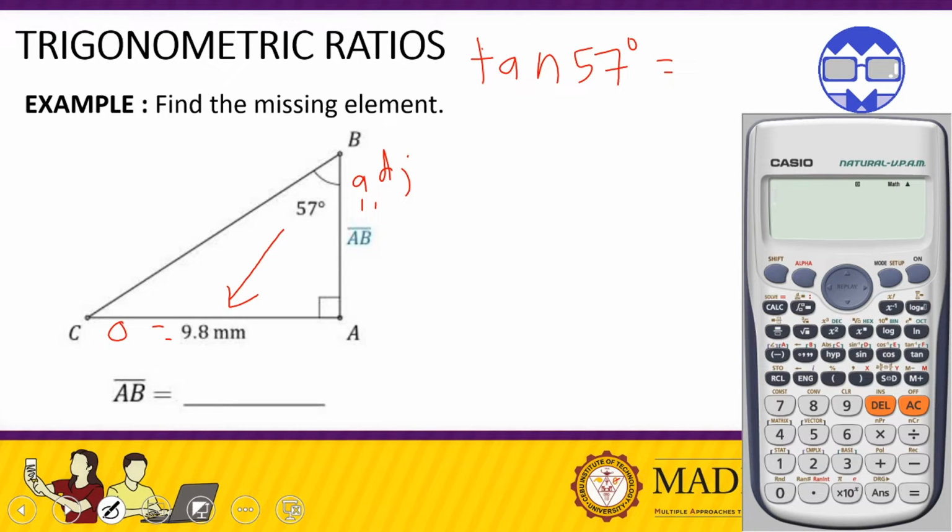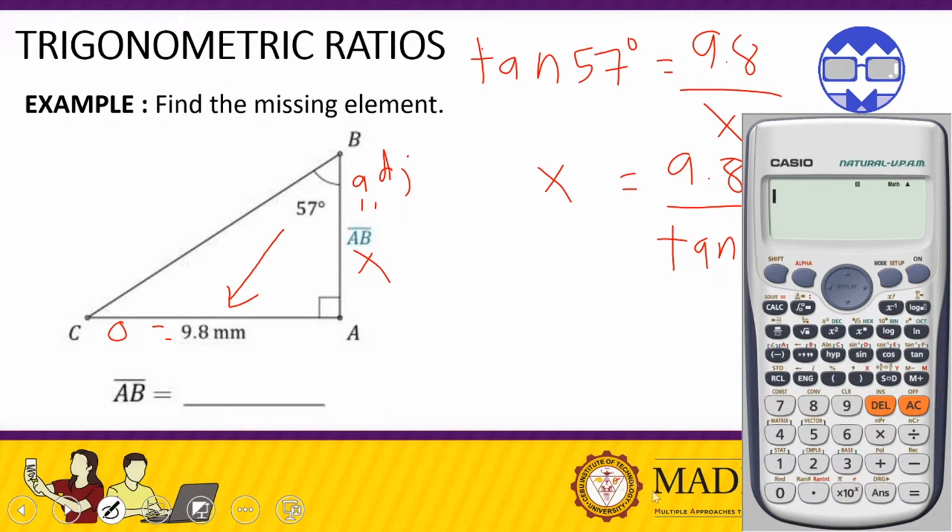So O is 9.8 over what is asked, which is AB. So let's just say this is our X. We are asked to find X. Then cross multiplication, we will have X equals 9.8 over tangent of 57 degrees.